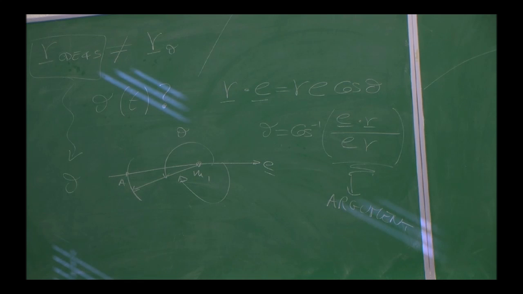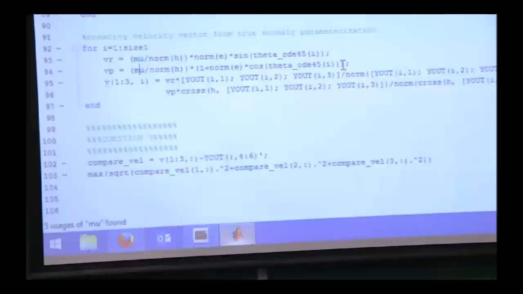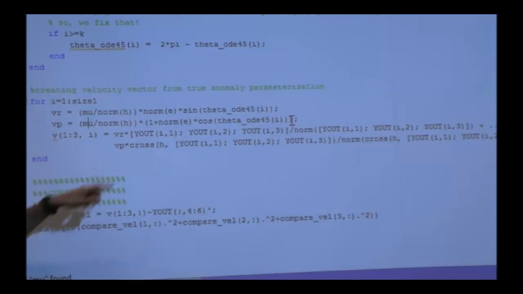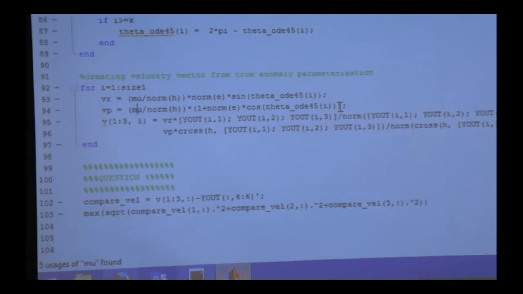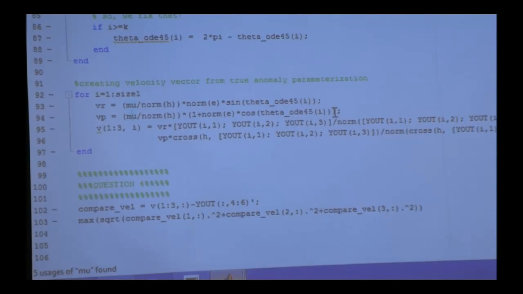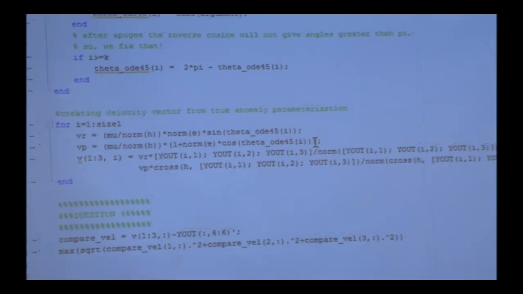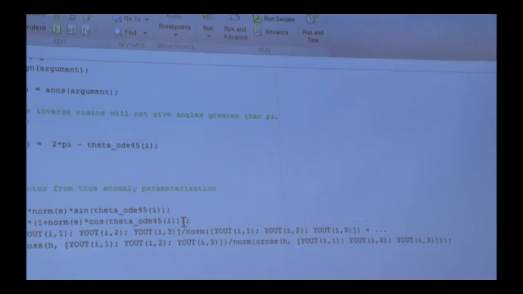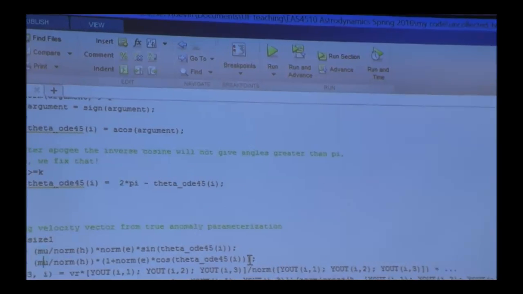And here I'm using the definition of velocity that is parametric with the true anomaly. And I think we're done. V radial, go back to your notes, is a function of the true anomaly. V perpendicular is a function of your true anomaly, and here I'm building up the vector. And how do you build up the vector? Well, what is the V? This is u_r, and this is u perpendicular.